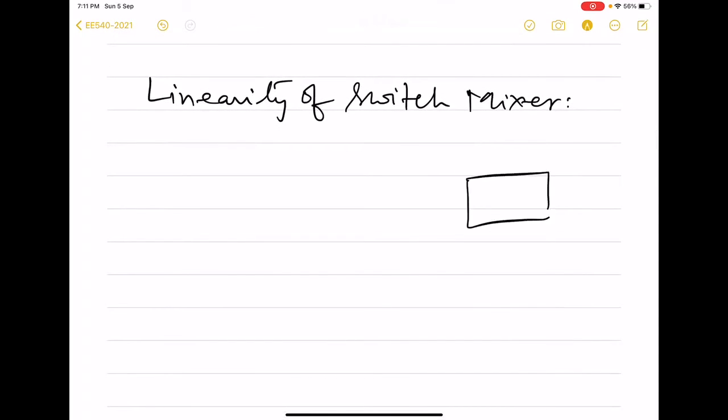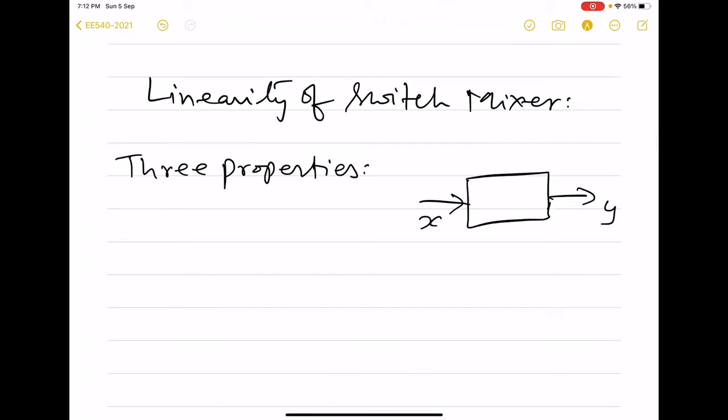So here we have our mixer, which is having input X and output Y. For this to be linear, there are three properties which should get satisfied. First is if input is 0, then of course output should also be 0.